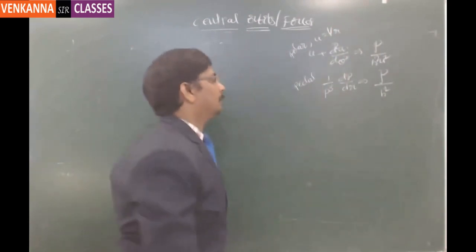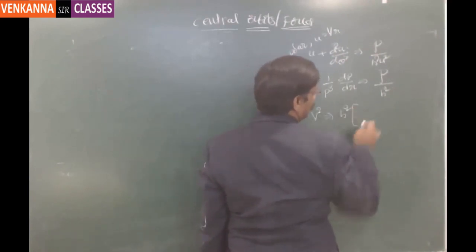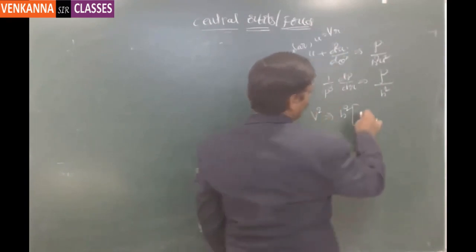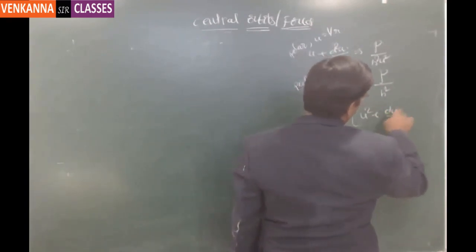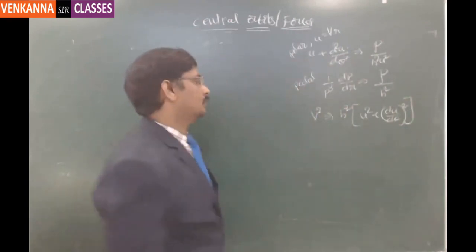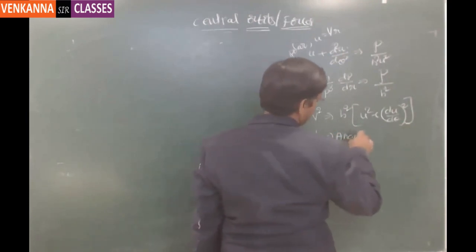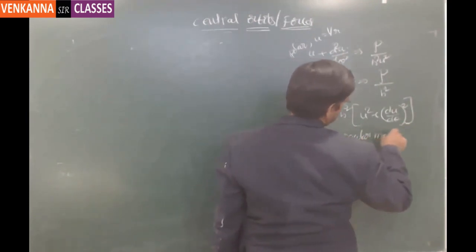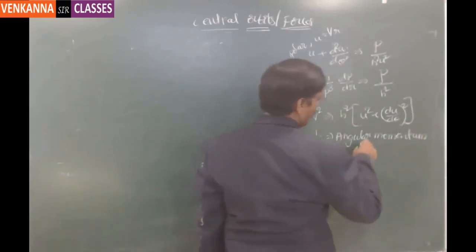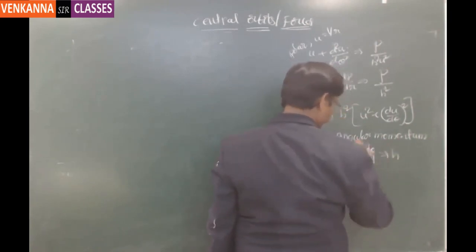And then the peripheral velocity is expressed as v square is equal to h square into u square plus du by d theta whole square. So this is the peripheral velocity, where h is the angular momentum. So r square d theta by dt is the value of h.